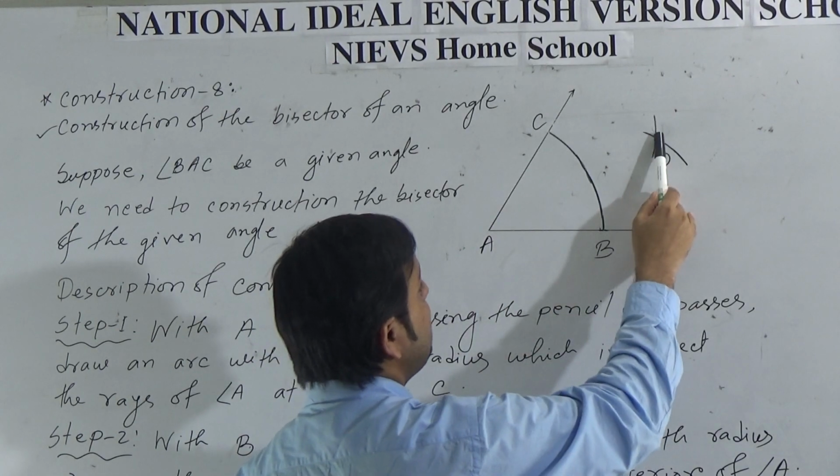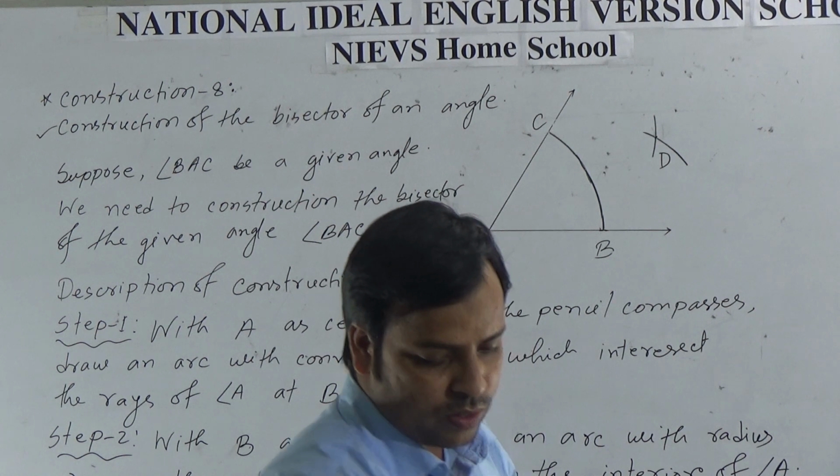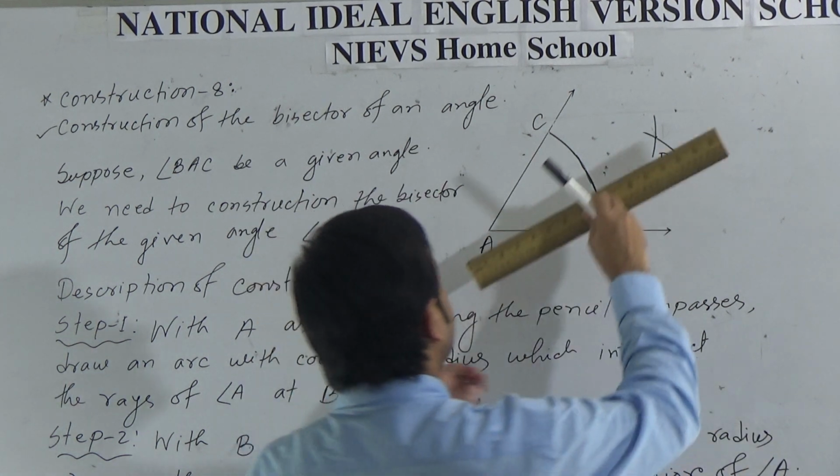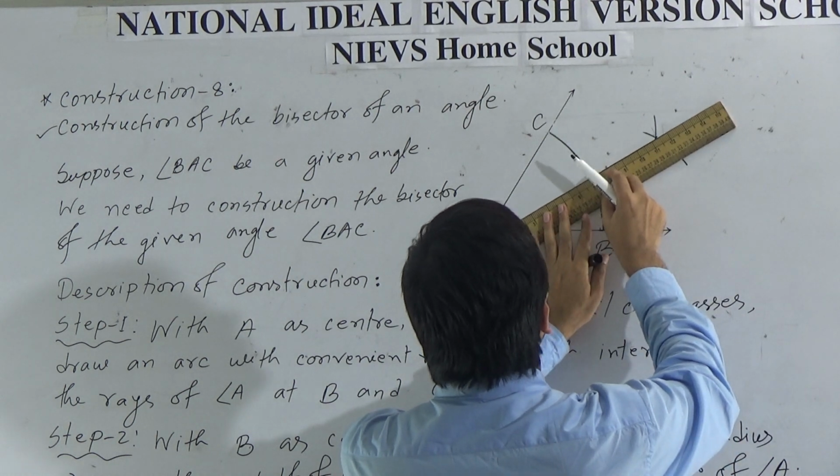Now we have to join A and D by a ray. So we can draw a ray joining A and D.